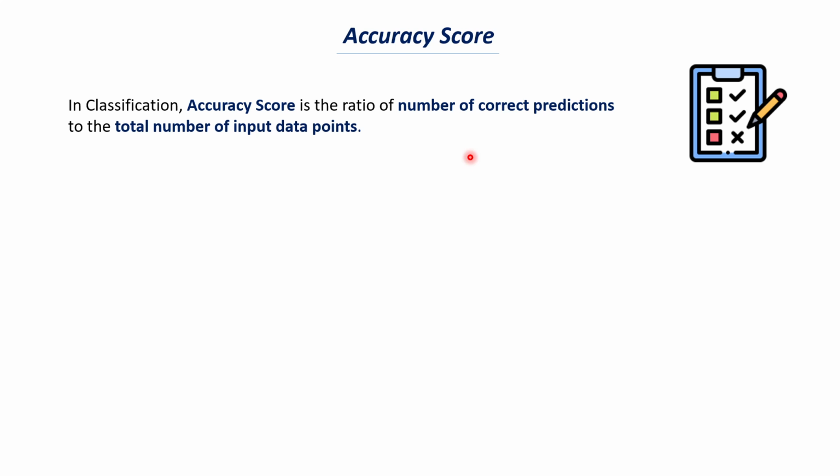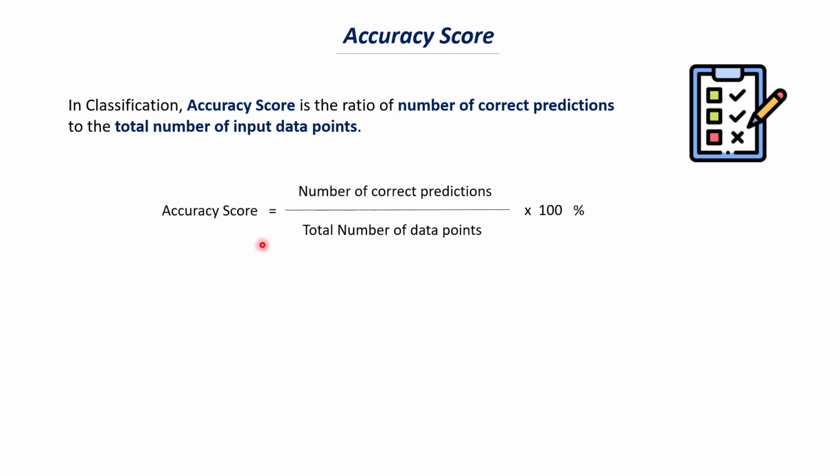Let's say there are about 100 values, and out of these our model has predicted correctly for 50 values. In this case, the total number of input data points is 100 and the number of correct predictions is 50. If you take the ratio, it is 0.5, right? So 0.5 means 50 percent. So this is called the accuracy score.